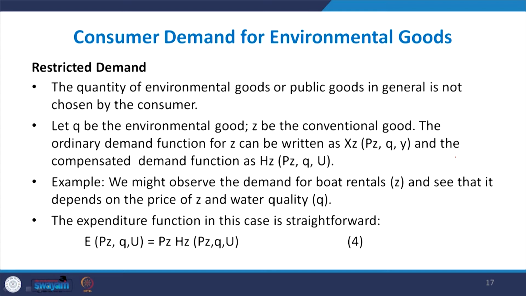So now the compensated demand function for the Z product depends upon the price of Z, the quantity of the environmental product, and how much money is going to be spent by the consumer on the Z product. And in the compensated demand function, utility is kept constant.